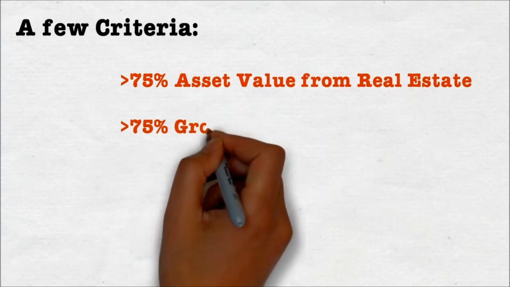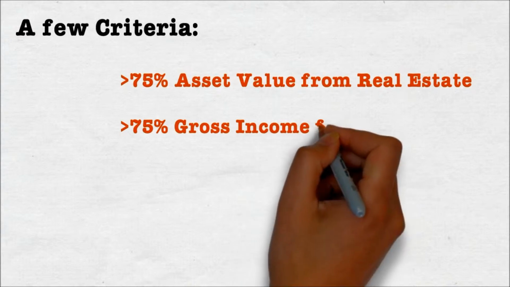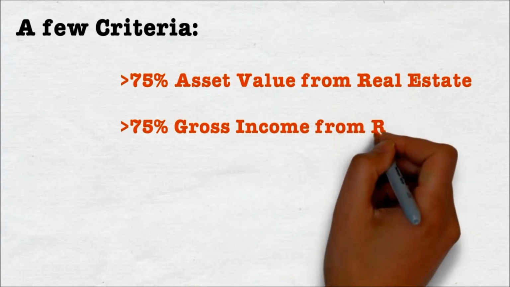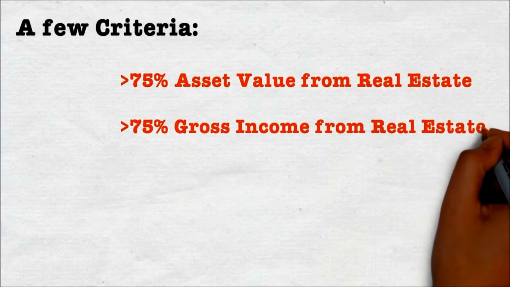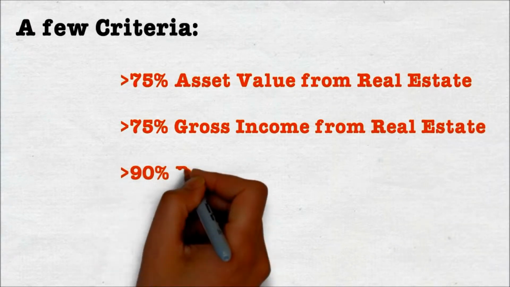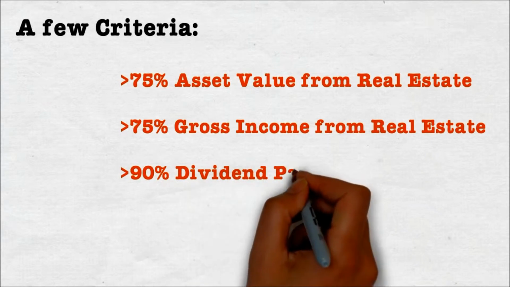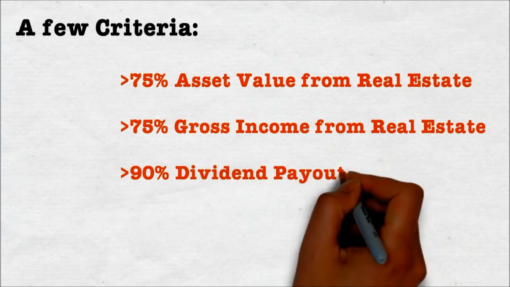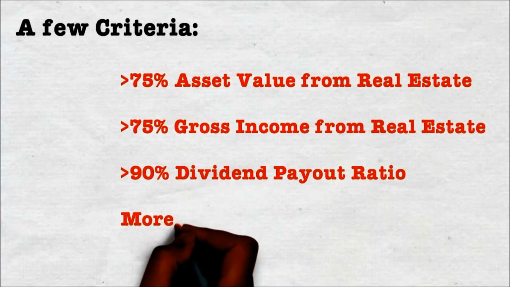The other one is it needs to have at least 75% of its gross income coming from that real estate part of the investment trust. All right, so the assets must be worth at least 75% of the total investment trust, and the gross income coming into that trust must be at least 75% from the real estate part of the trust.